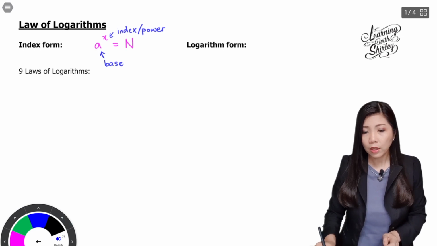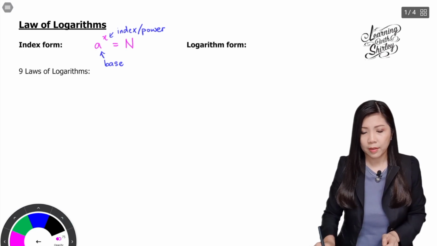In logarithm form, it will be log base a of n equals x, whereby a is the base and x is the index or power.